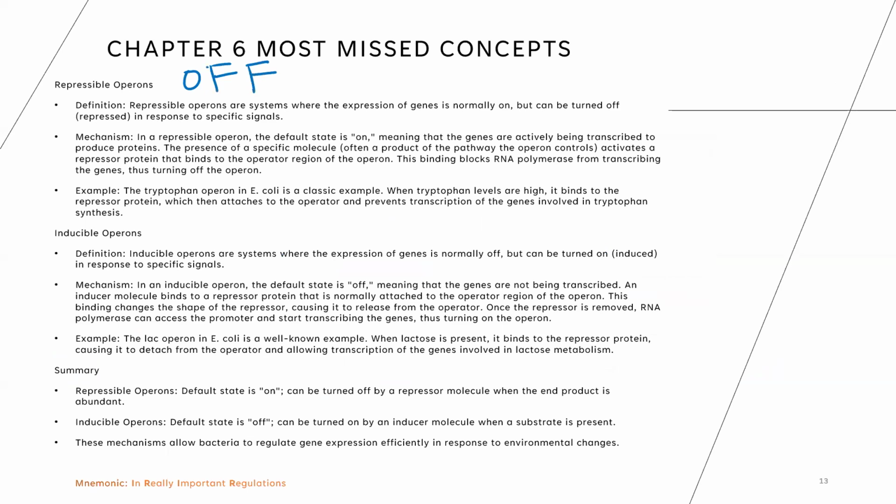So this one, sorry, I just said on and then I wrote the wrong thing. If it is repressible, it has to already be on first. And if it is repressible, because it is on, your RNA polymerase is working. That's what it means to be on.